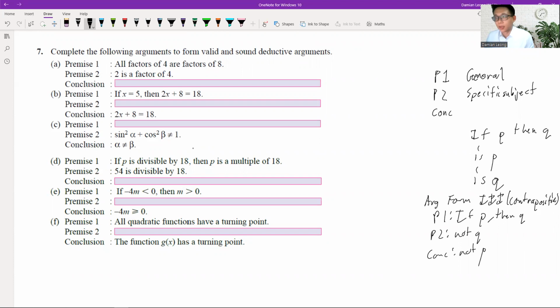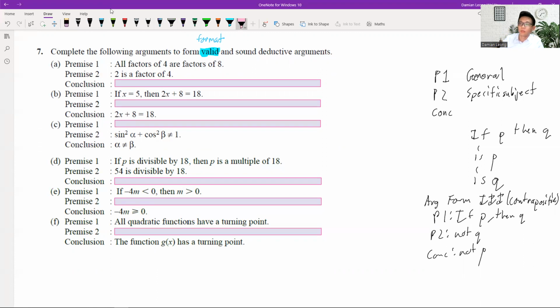Another thing is, every argument we can say whether it is sound or not sound, valid or not valid. So what makes it valid or not? Valid or not is basically the format. If it follows either Form 1, Form 2, or Form 3 format, it's valid.